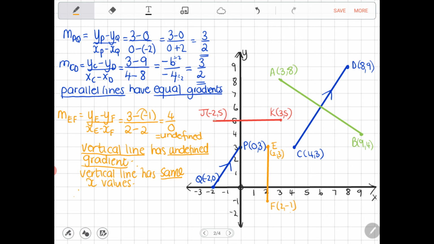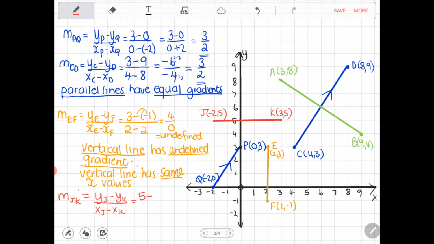All right, so what about the red line? That one looks like a horizontal line. It's going across from left to right. Let's double check and find the gradient of JK. It's going to be the y at J minus the y at K over the x at J minus the x at K. The y at J is 5.